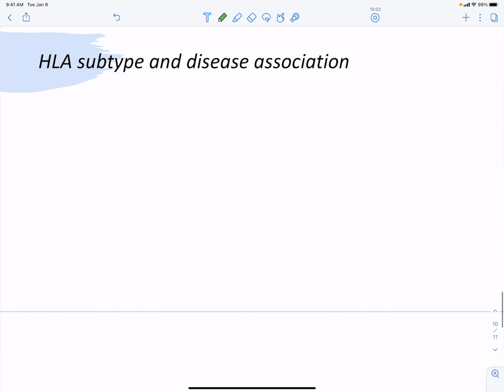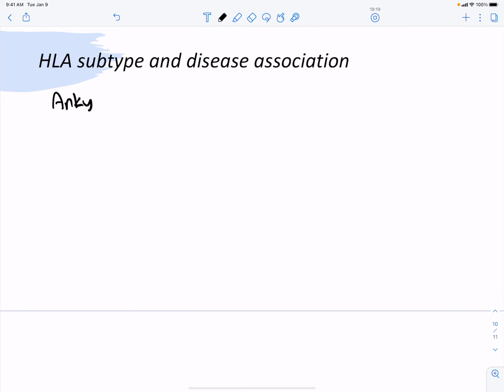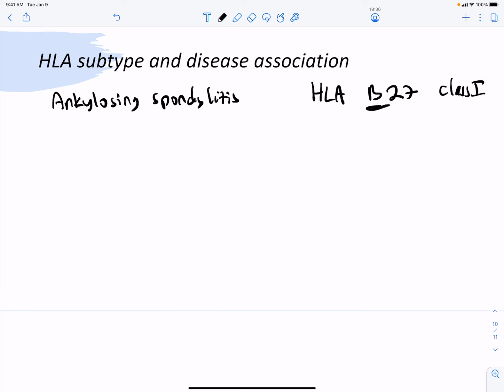Now, the last thing I want to do is talk about HLA subtype and disease. And so here we're going to talk about a few diseases. Ankylosing spondylitis is the first. This is associated with HLA B27. The key here, though, is it's class 1. It's that single B. It's not a two-letter, it's a single letter. This is inflammation of the spine.